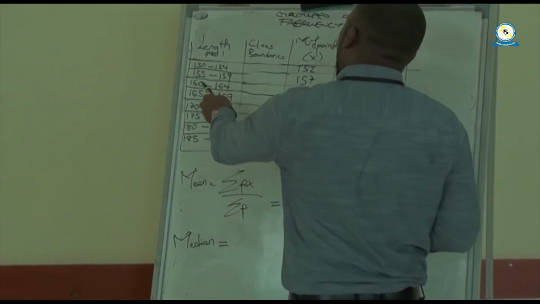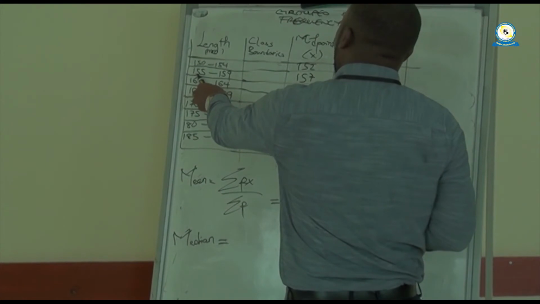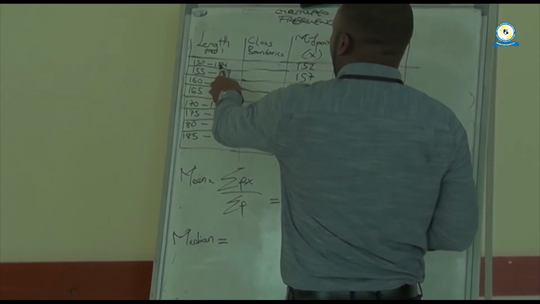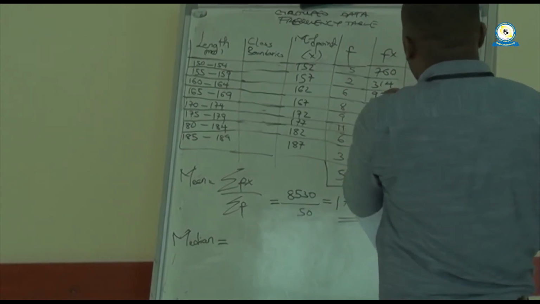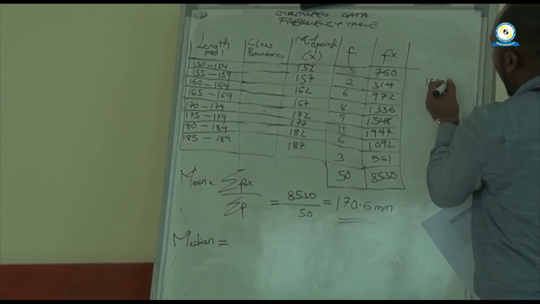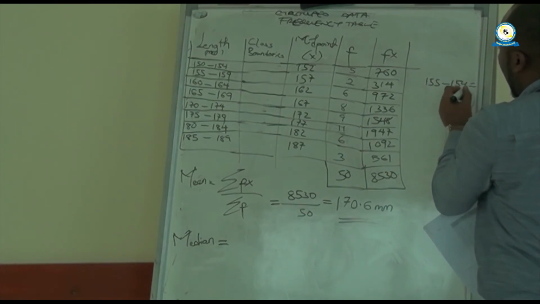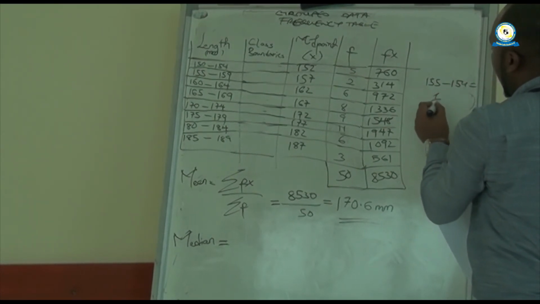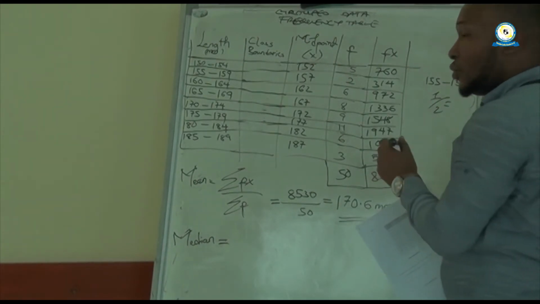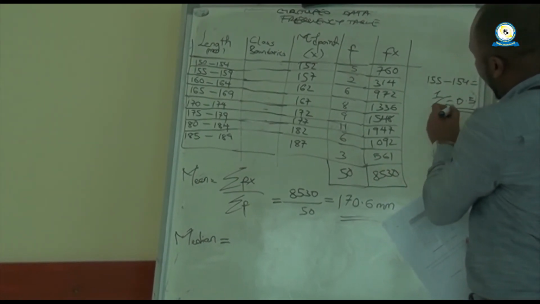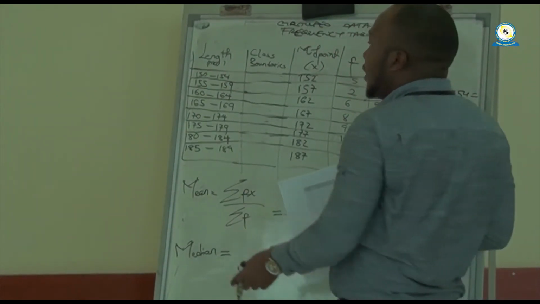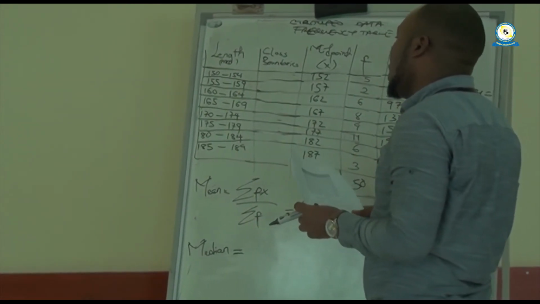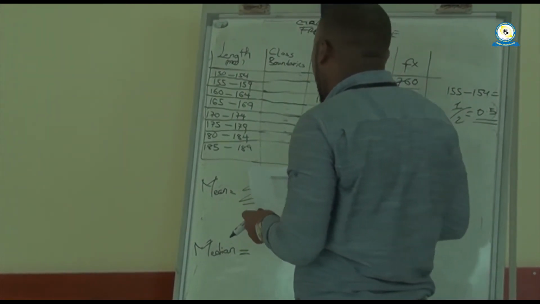You take the lower limit of the second class minus the upper limit of the first class: 155 minus 154, which is equal to 1, and you divide it by 2. So you get 0.5. What you do now, you subtract 0.5 from the lower class limit, and you add 0.5 to the upper class limit.